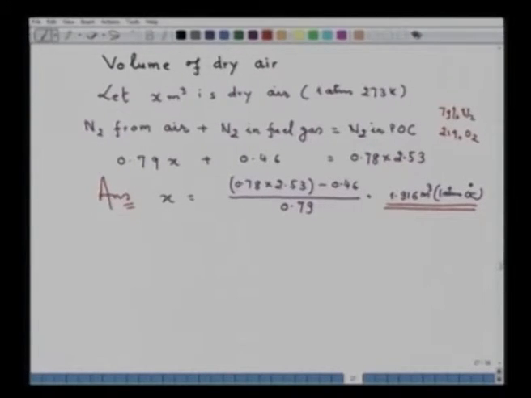Now, it is interesting to find the ratio between volume of air and volume of flue gas.